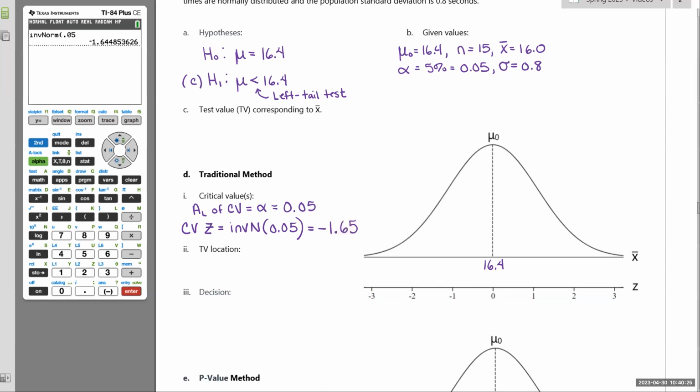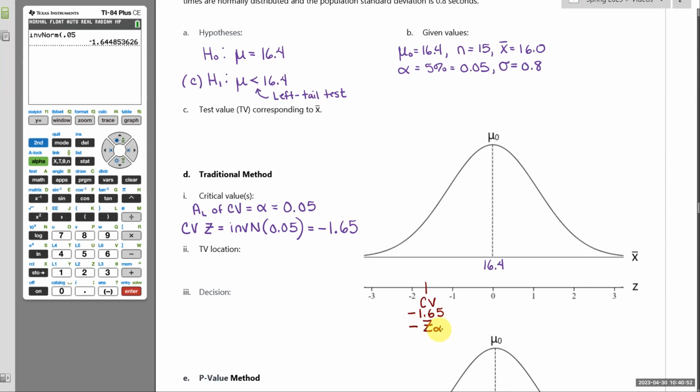All right, so let me draw our critical value on our graph. So negative 1.65, maybe about there, critical value. So this is the opposite of the z-score that would be on the right. So this is the negation of z alpha.